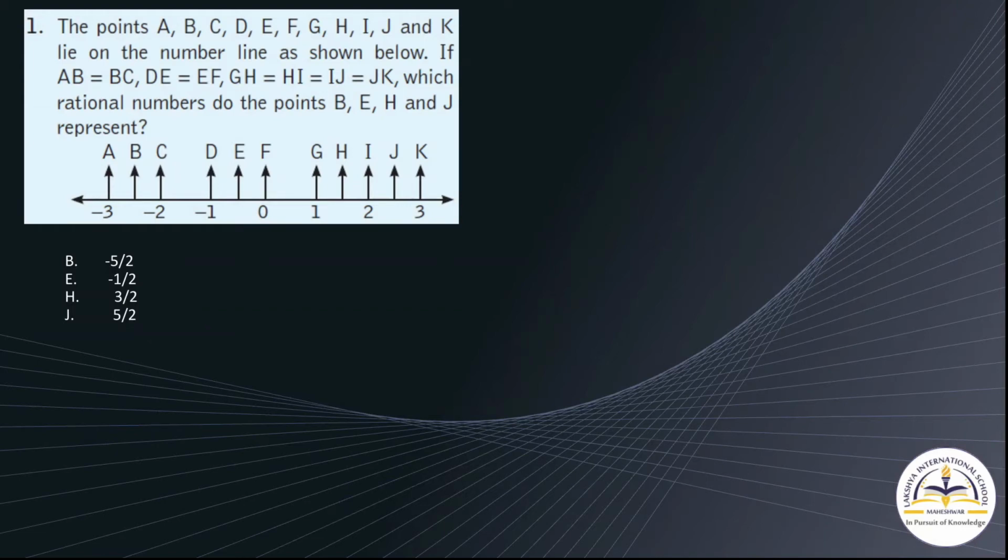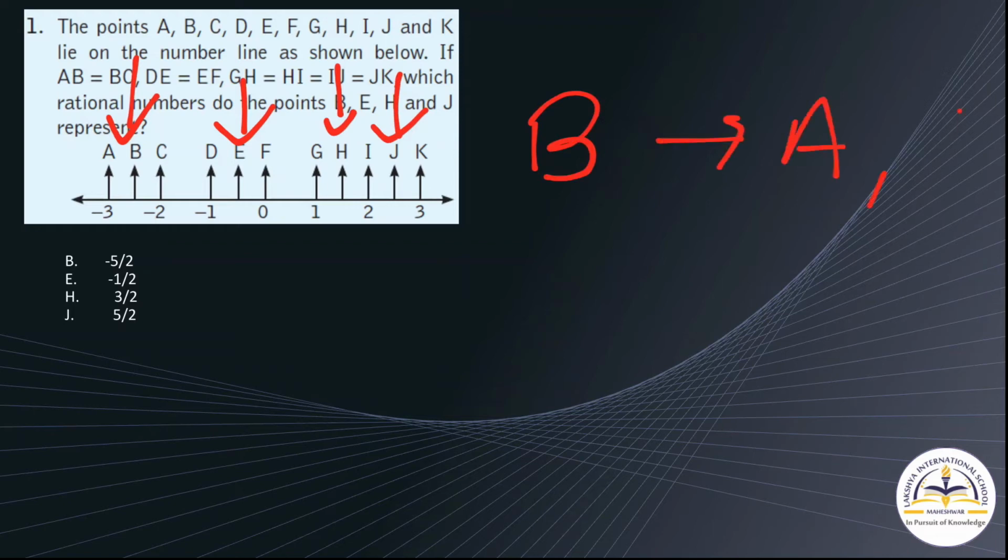Okay, so first we have to find these numbers, that is B, E, H and J. B lies between A and C. So what is the value of A?